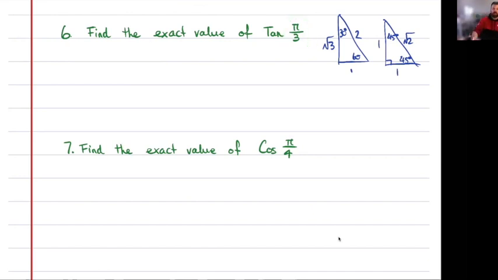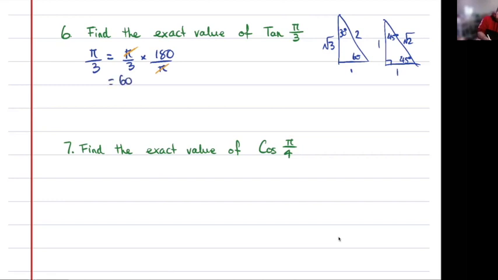Well, pi on 3, let's convert that. To convert from radians to degrees, it's just pi on 3 times 180 over pi. Simplifying fractions, pi's cancel each other out. 180 divided by 3 is 60 degrees.